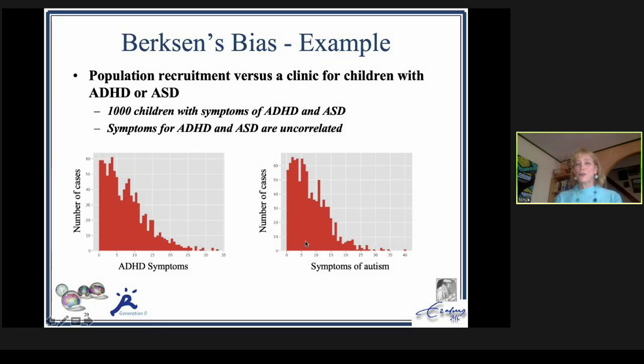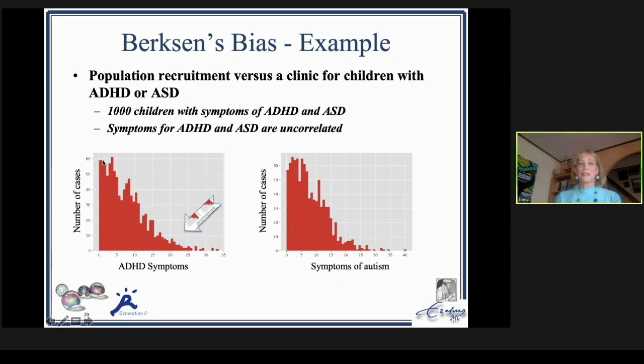So these two graphs refer to 1,000 children, the same children, but one of them reflects their ADHD symptoms and one reflects the autism symptoms, just essentially from the general population. So what I do now is I begin with the whole population, and then I slide a threshold.